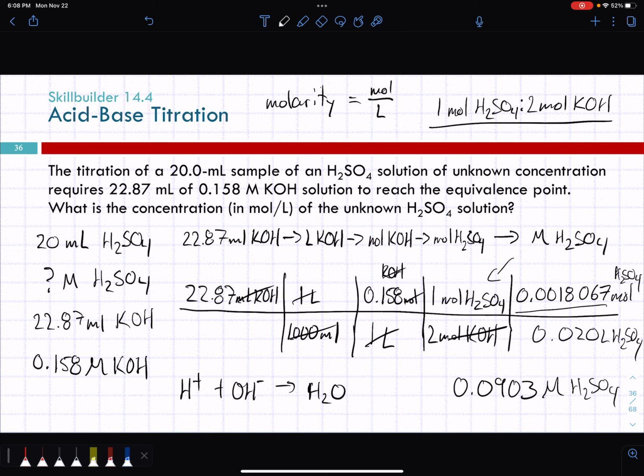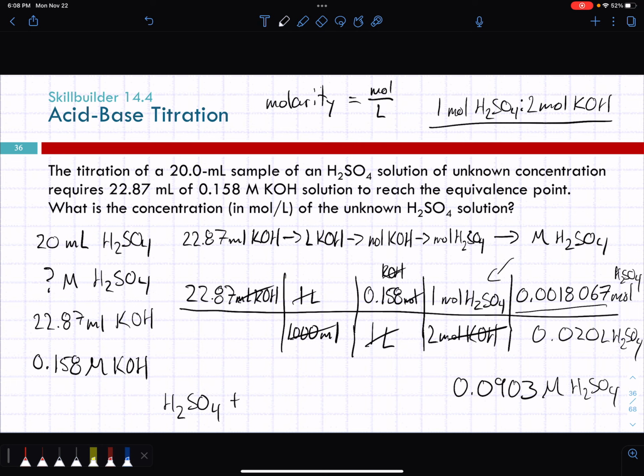Are we also able to make a balanced equation just by reading the problem, or do we not have the information? No, you could do that. Yeah, so you could write out the balanced equation. If you wanted to find it by using the reaction equation, you'll get the same ratio.